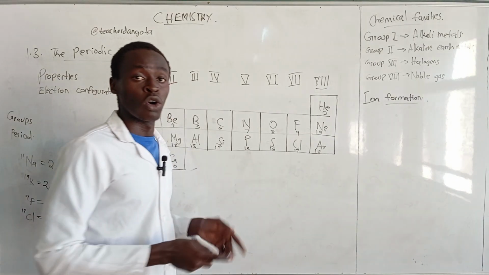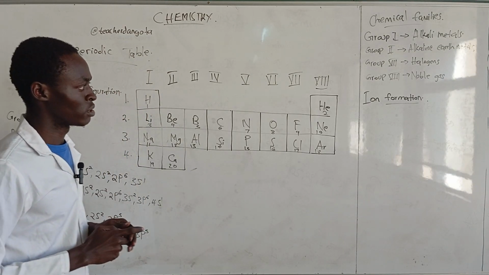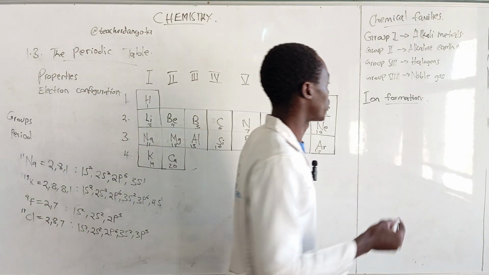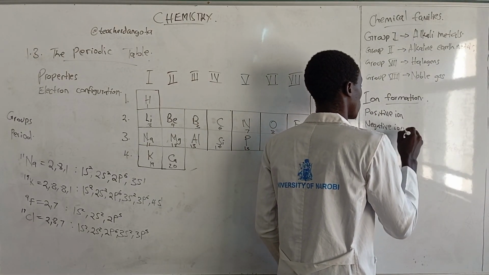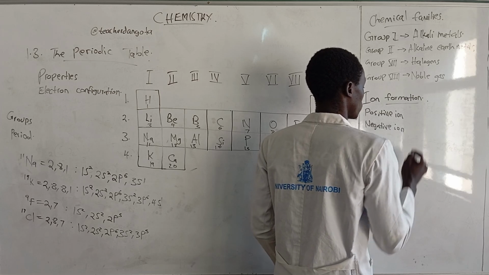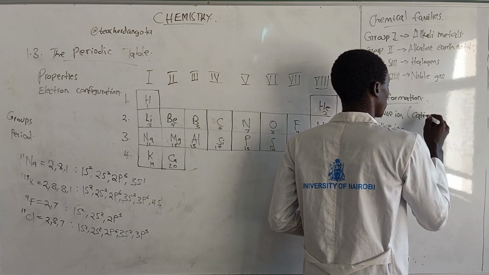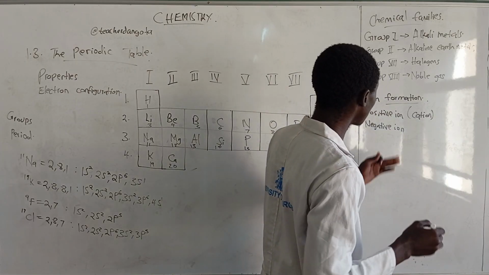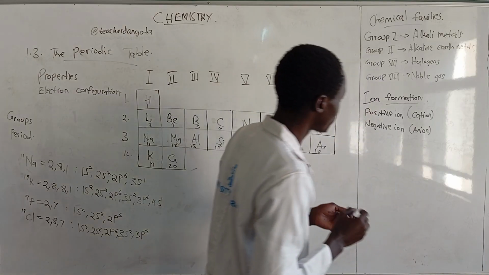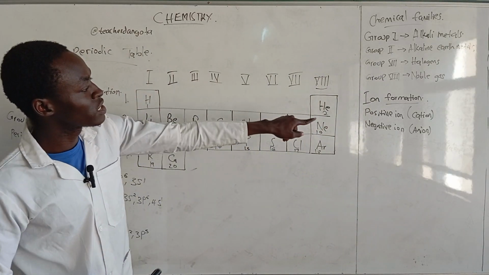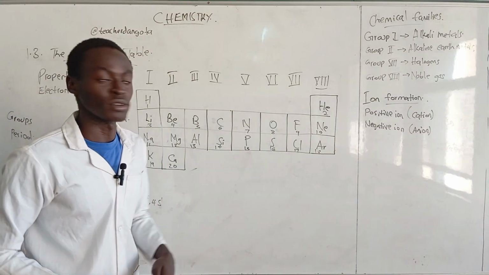This results in the formation of either a positive ion or a negative ion. The positively charged ion is known as the cation, while the negatively charged ion is known as the anion.